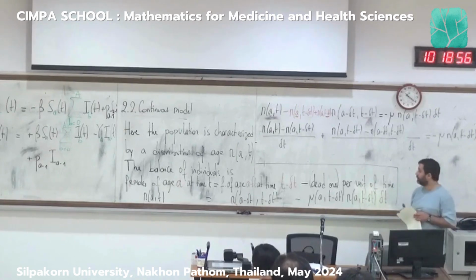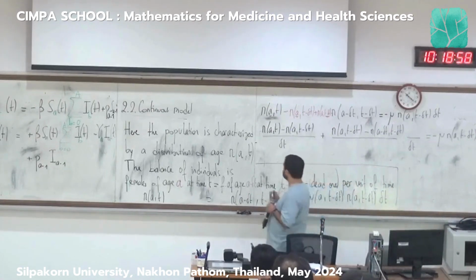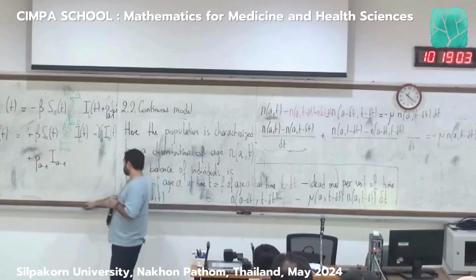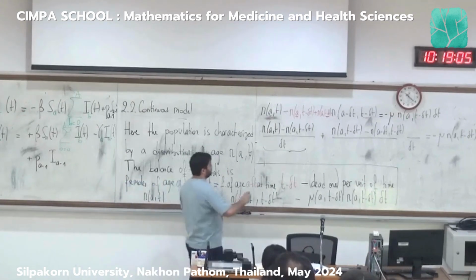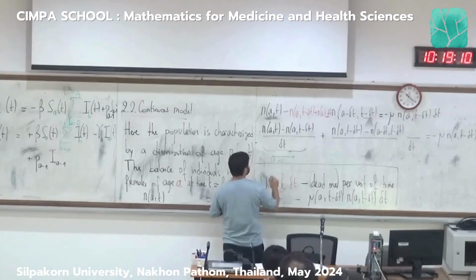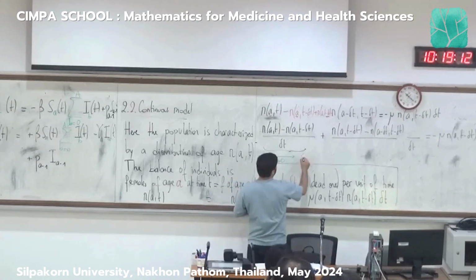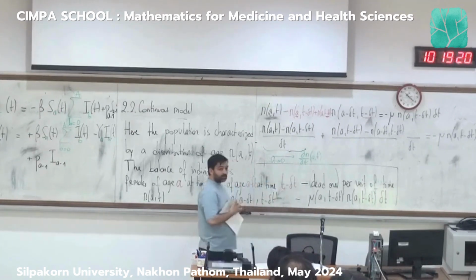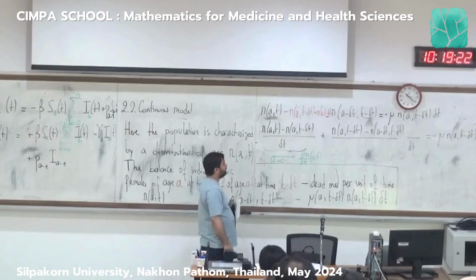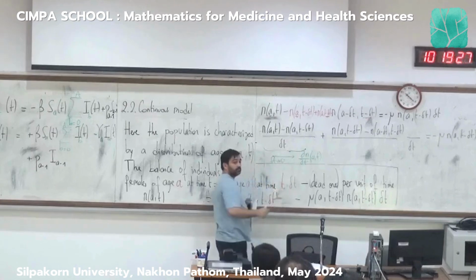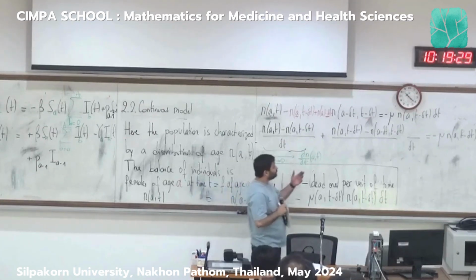Then delta t goes to 0 for this one. In the limit, delta t goes to 0, this is the partial derivative of n with respect to time.